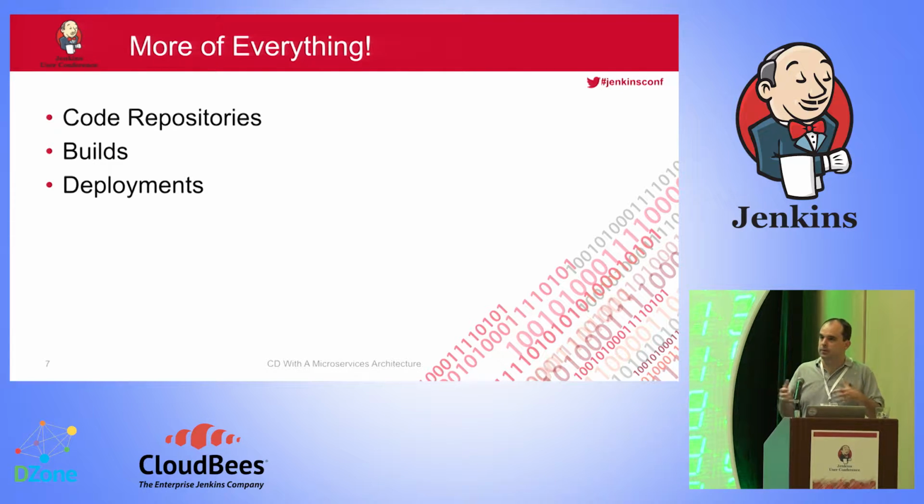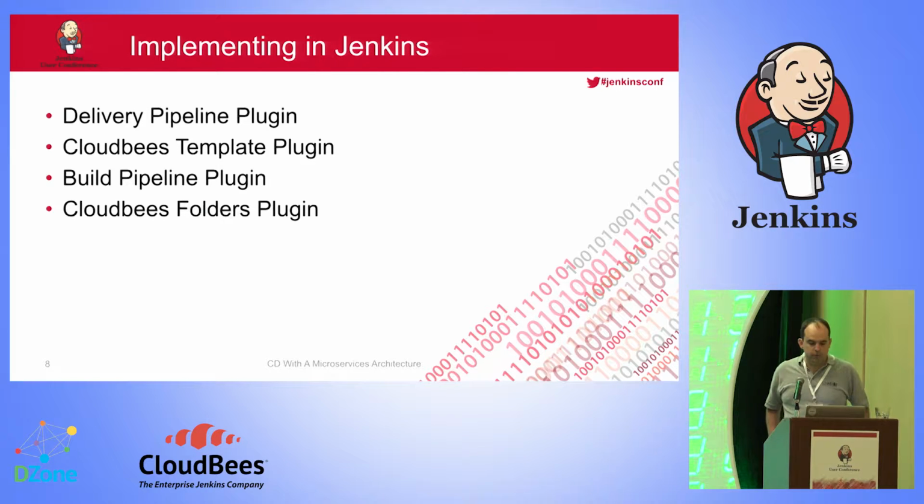And so we need some tools that help us deal with this explosion of jobs. The way that I'm going to talk about doing it today in Jenkins is with the delivery pipeline plugin. That's one of the main plugins that I'll use, along with the Cloudbees template plugin, as well as the build pipeline plugin and Cloudbees folders plugin.